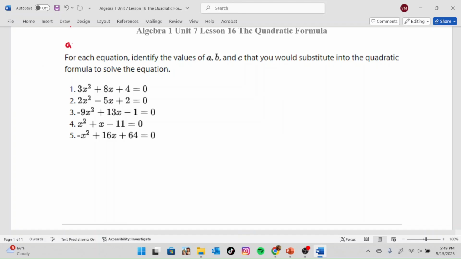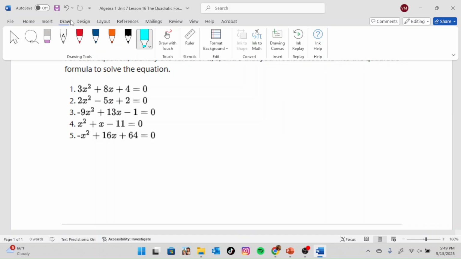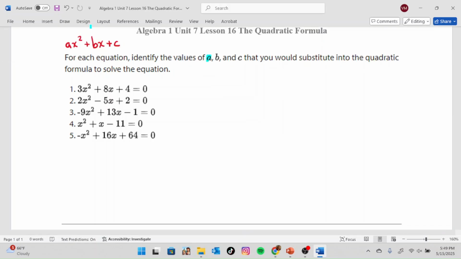Remember that it's ax squared plus bx plus c. So when you see them reference a, they are talking about the coefficient that is with x squared.